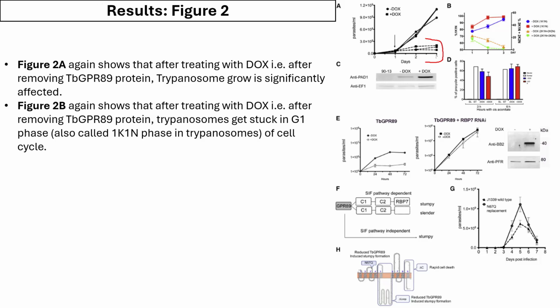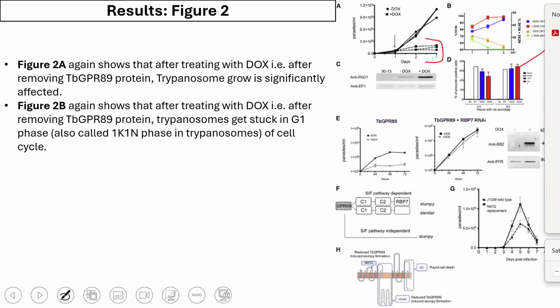In figure 2b, again, the researchers show that when GPR89 protein is removed, trypanosomes get stuck in G1 phase, also called 1K1N phase of their life cycle.